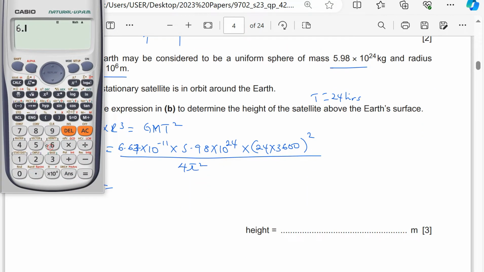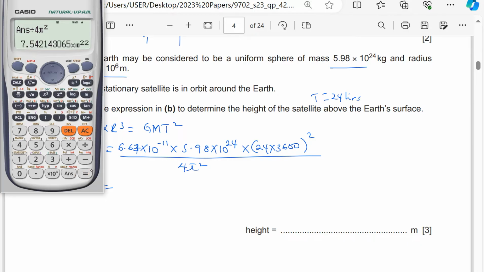So 6.67 exponent minus 11 times 5.98 exponent 24 times 24 times 3,600 squared. So divide by 4 pi squared.